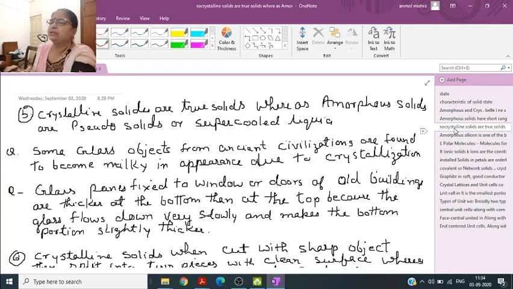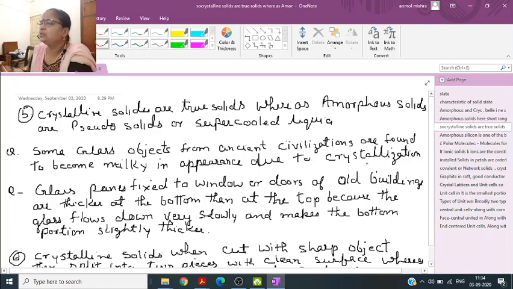Next point is crystalline solids are true solids, whereas amorphous solids are pseudo solids, or they are also called super cooled liquids.